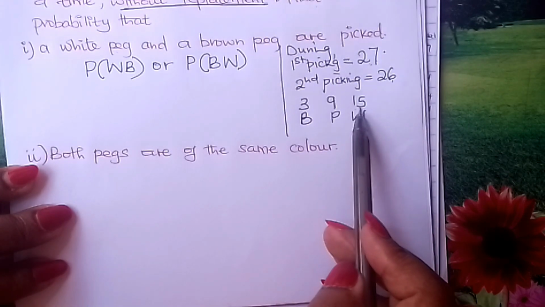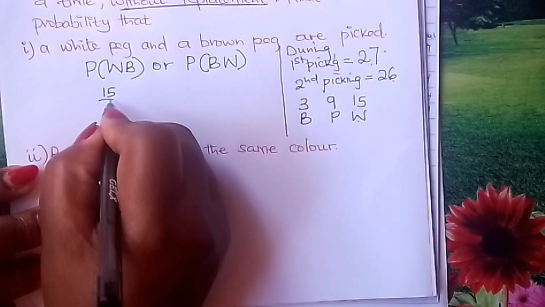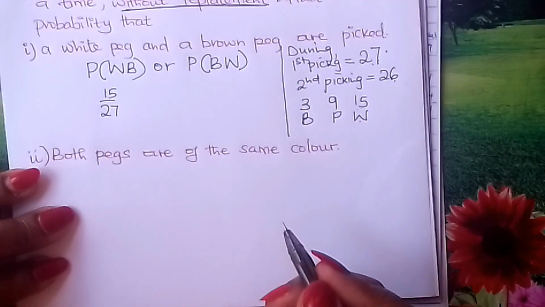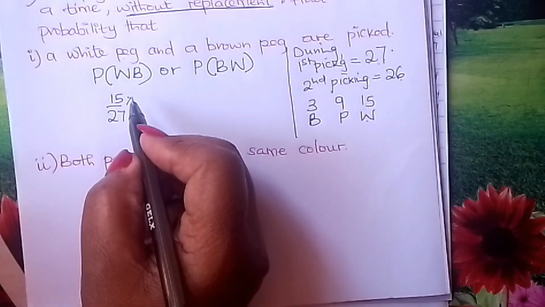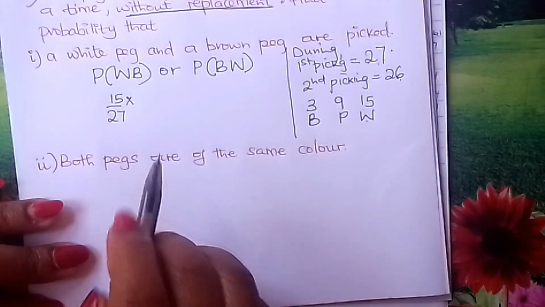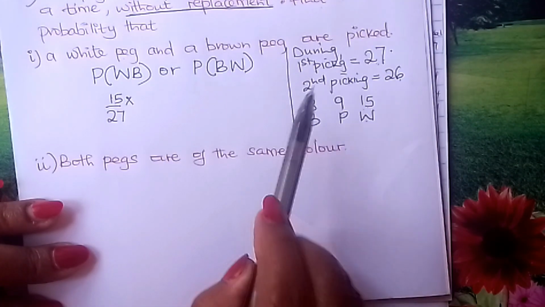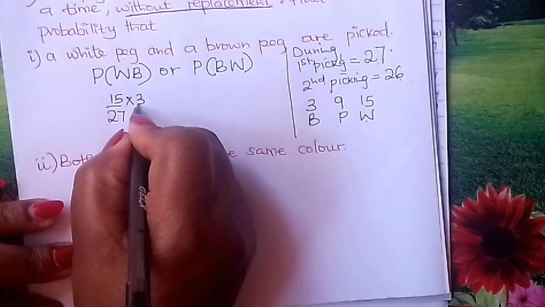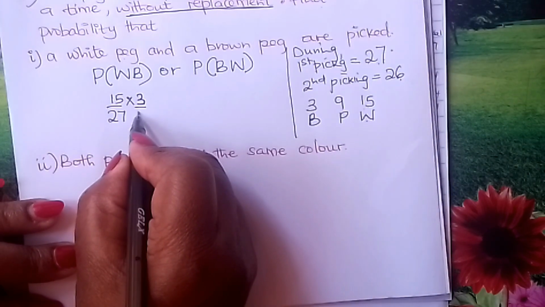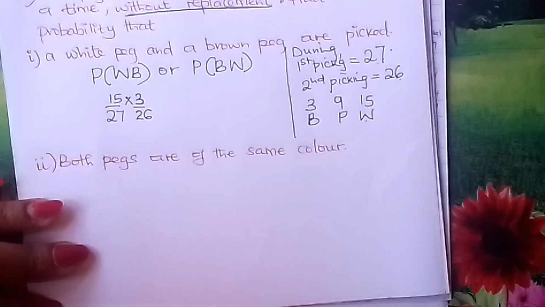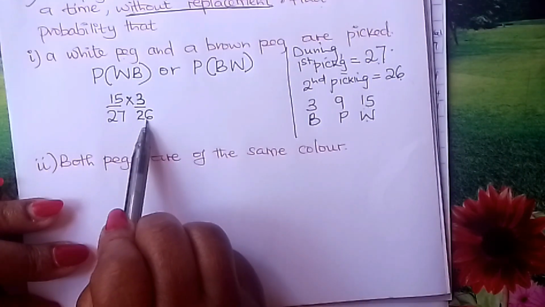White, we have 15 over 27, times what, learner? Brown, there are 3. So 3 out of what? Now that we're in the second picking, it is out of 26. Look at that, learner. They were all 27 first picking, now 26.